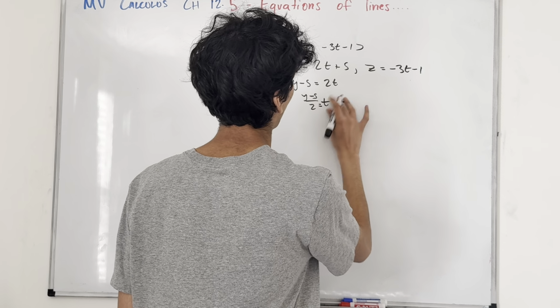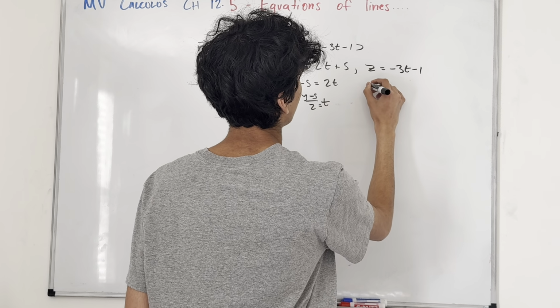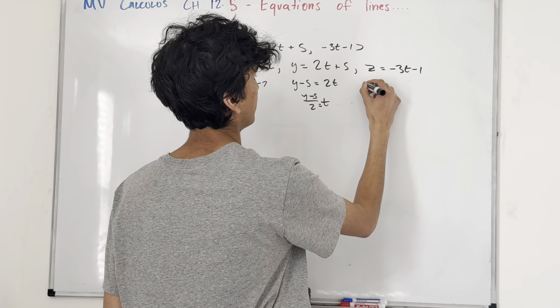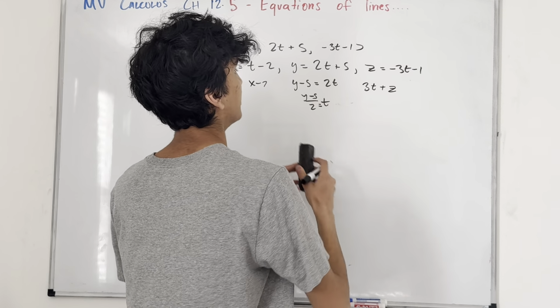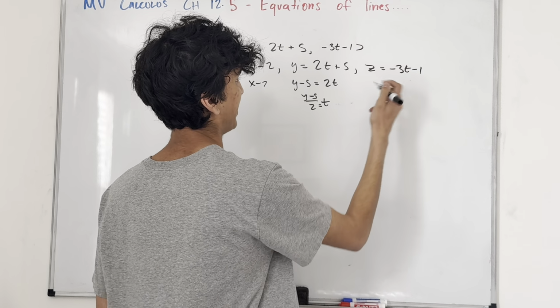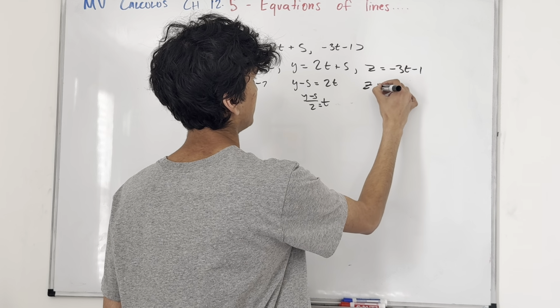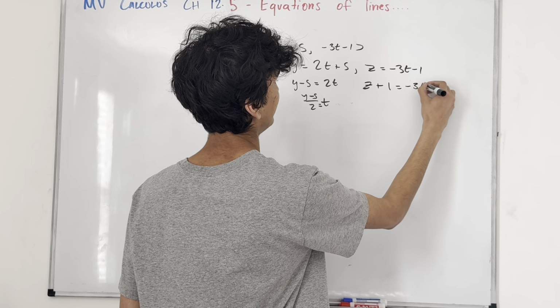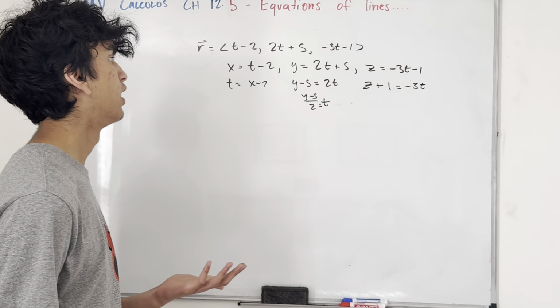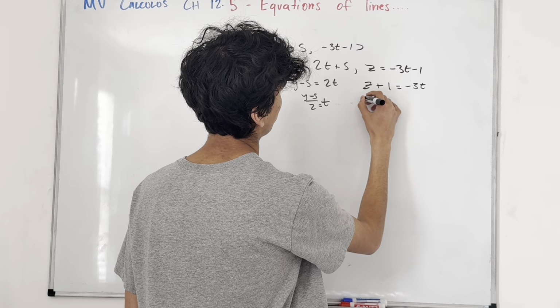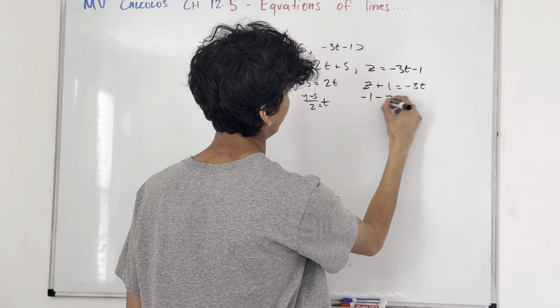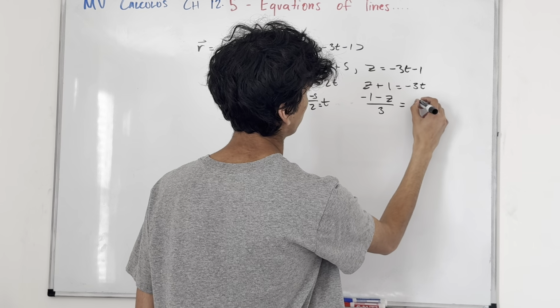And then if I add 1, I get z plus 1 equals negative 3t. And if I divide by negative 3, we could say negative 1 minus z over 3 is going to equal t.